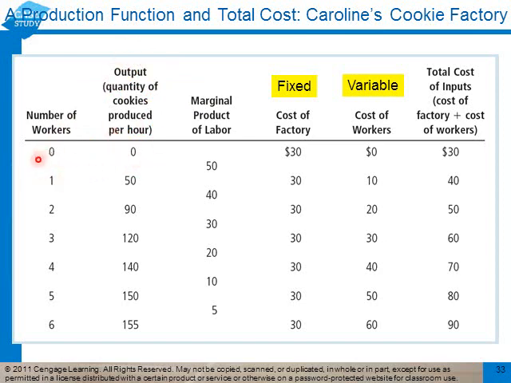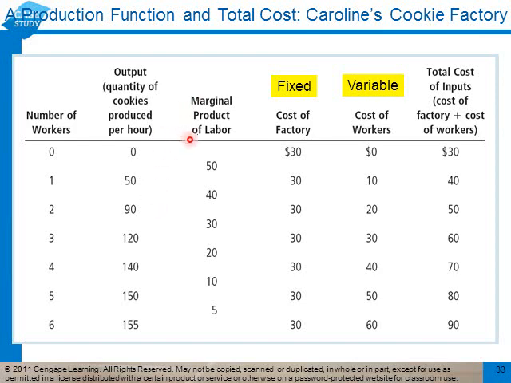If you have 1 worker, he produces 50. 2 workers are less efficient, they produce 90, not 100. You think, okay, if 1 worker produces 50, 2 workers produce 100. No, because they start bothering each other. You start having conflicts and overlappings, so the company is not as efficient with 2 workers.